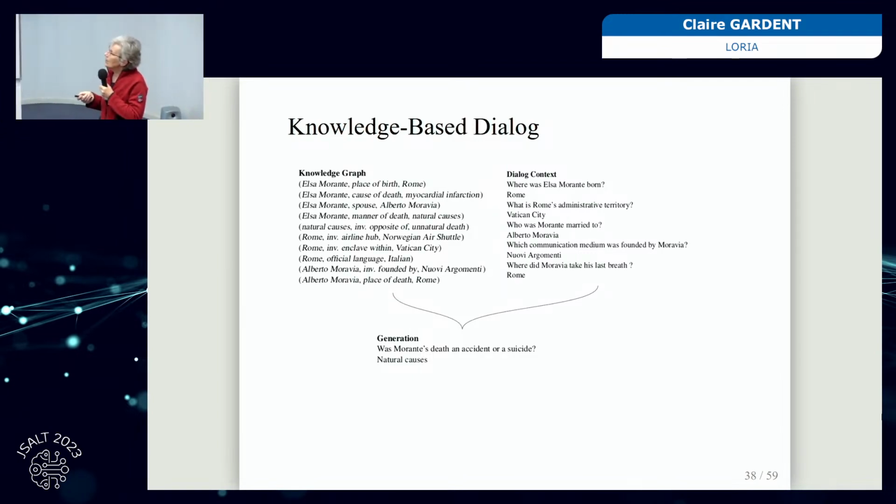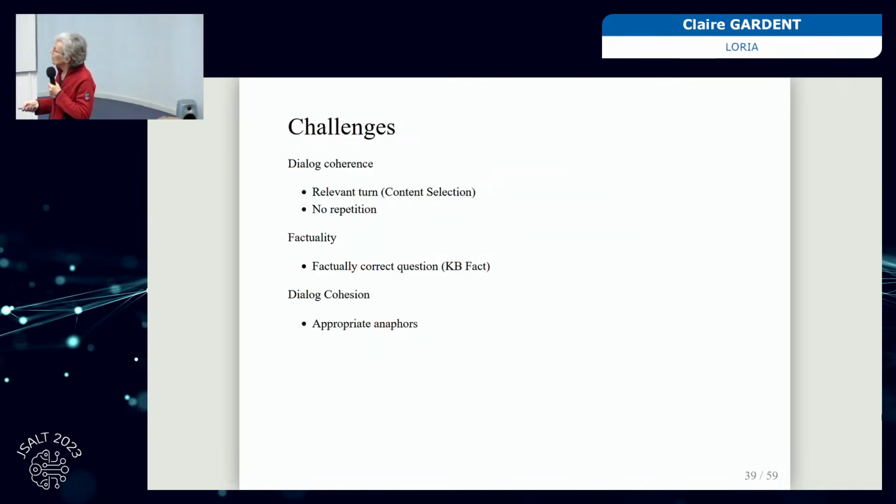So the input to the task is a dialogue context and a knowledge graph, which is a subgraph of Wikidata, for example. And the task is to generate the next question. What we wanted was a finer grained assessment of dialogue coherence, factuality, and cohesion.